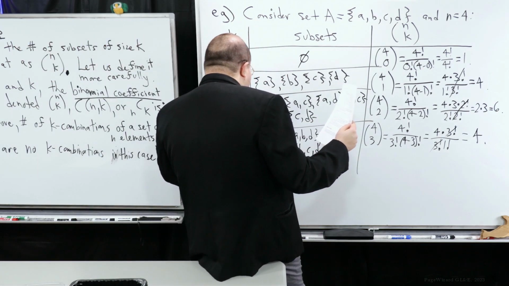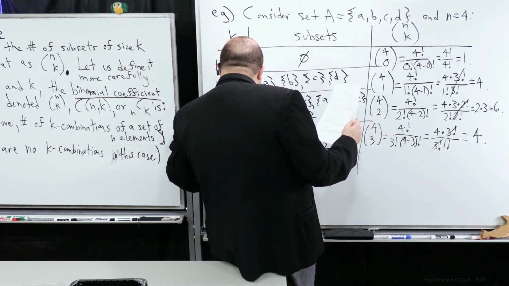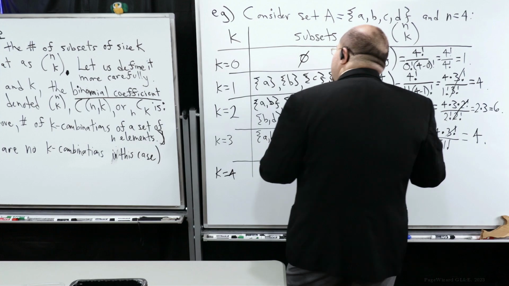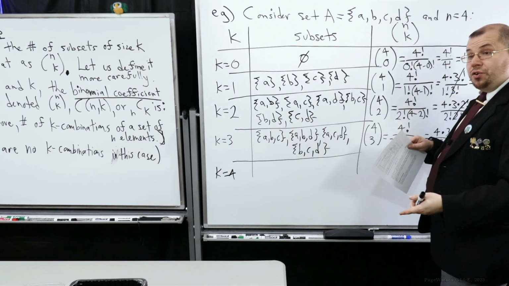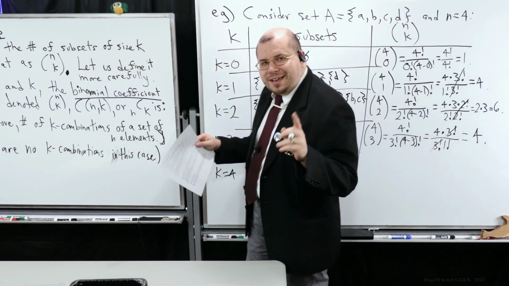Now let's try our last value, because when k is 4, that's equal to n, right? So this would be when I write down 4 choose 4. So how many subsets are there of size 4?